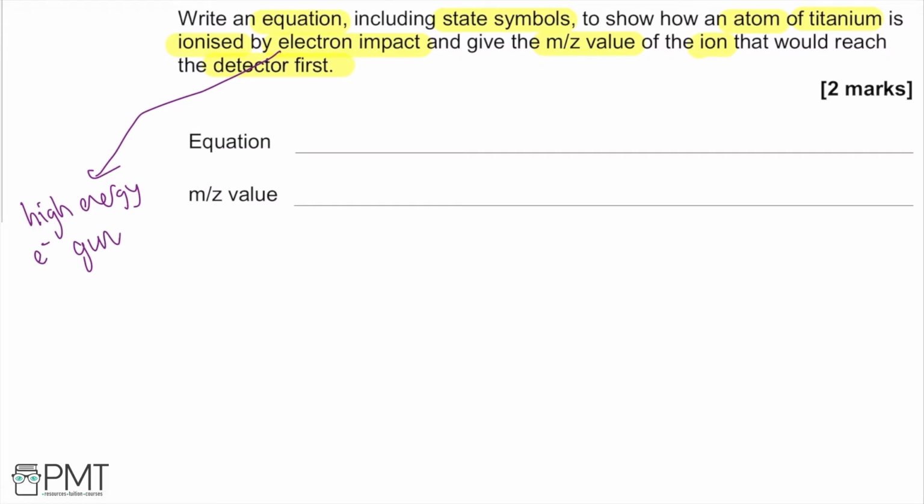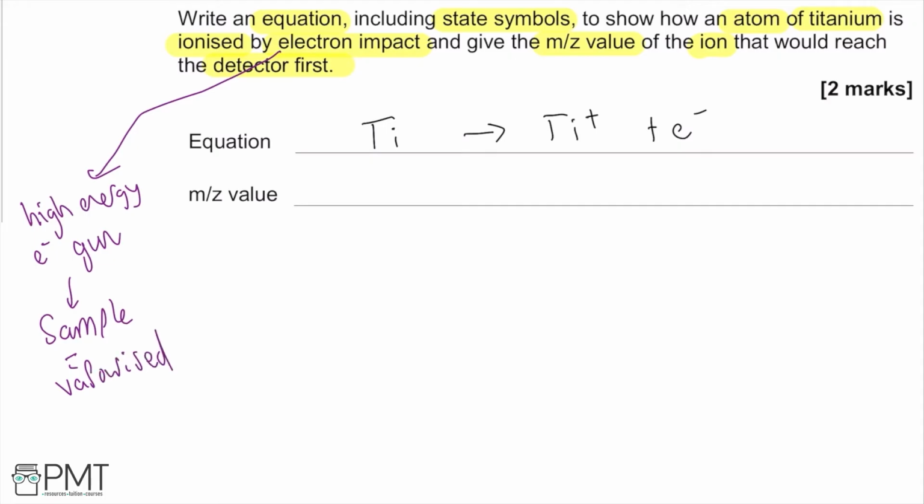So we can write this as Ti goes to Ti+ plus e-. Now, another important factor is that the sample is vaporized first. So we can add gas state symbols in, and this gets us the mark.